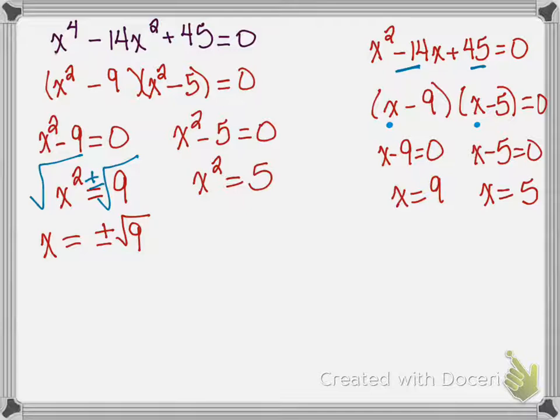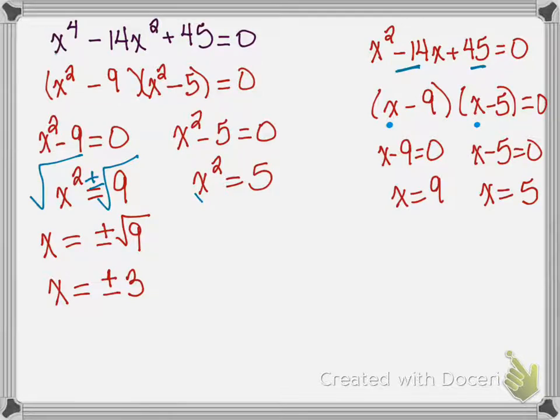What is the square root of 9? 3. So my answer is going to be plus or minus 3. Is plus or minus 3 one answer or two answers? Two answers. Good.